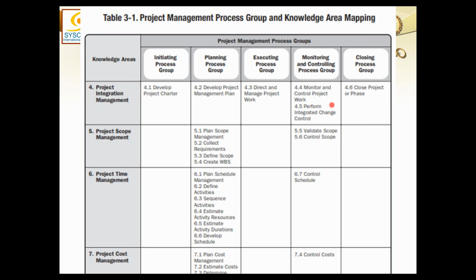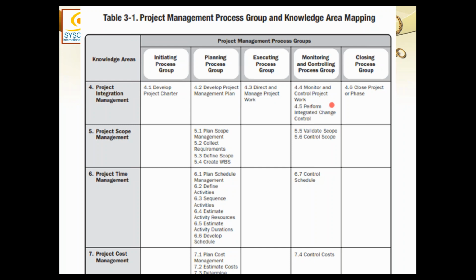Okay. If you remember, yesterday we talked about that everything which happens in planning is subordinate to integration. Develop project management plan is responsible to consolidate the whole plan, integrate the whole plan.